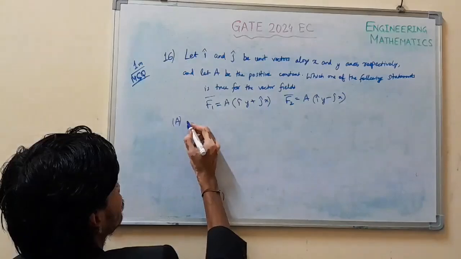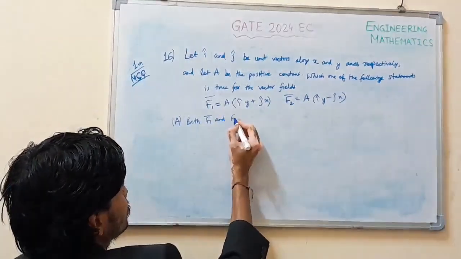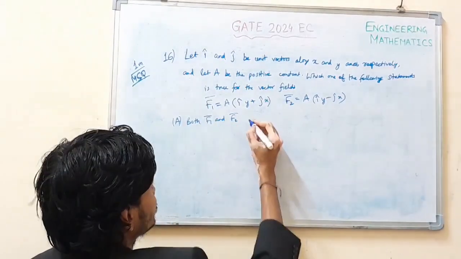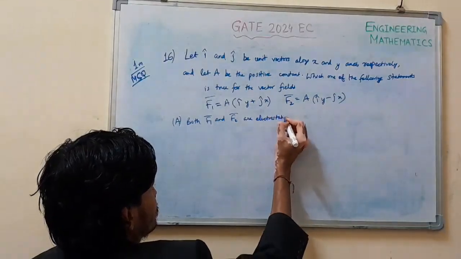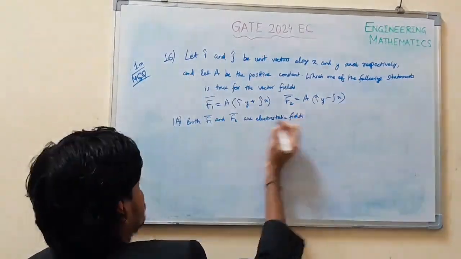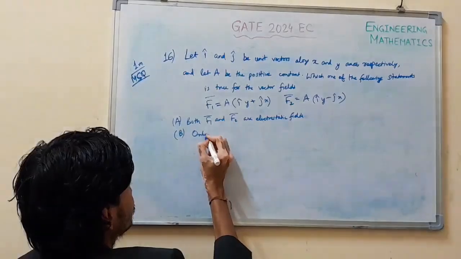Options are given as: Option A, both f1 and f2 are electrostatic fields. Option B, only f1 is an electrostatic field.